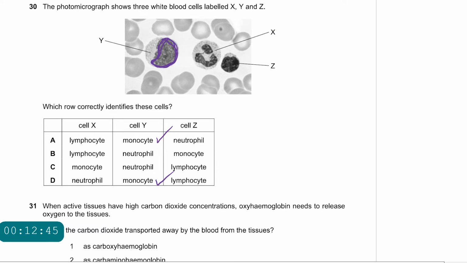For cell X, here we can see an almost granular nucleus. This granular nucleus is definitely always going to be a neutrophil. This is correct. And for Z, we can see that the nucleus occupies almost the whole cell, and this must be a lymphocyte if it occupies the full cell.